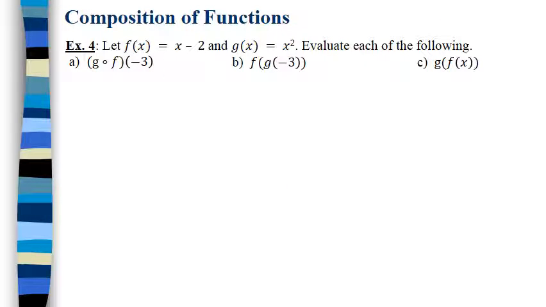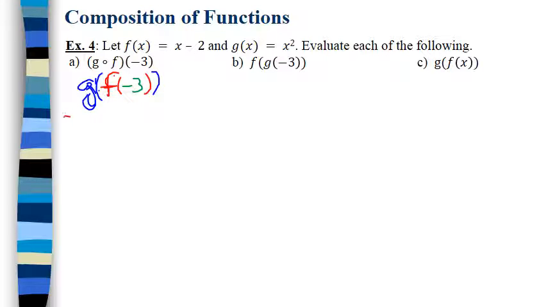Okay, we can do this with functions in addition to lists of points. So for example, if we're doing g of f of negative 3, we're going to put negative 3 into the f function first, and then whatever number we get out, we're going to put that into the g function.